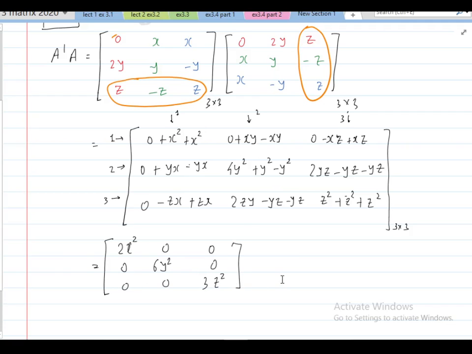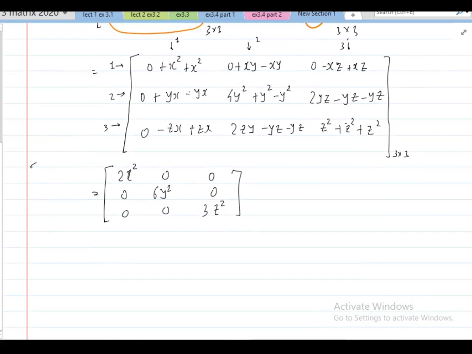Now it is given that A dash into A is I, so we can say A dash into A is the identity matrix 1 0 0 0 1 0 0 0 1. Compare the terms, we will get 1 is equal to 2x square, 1 is equal to 6y square, and 1 is equal to 3z square.